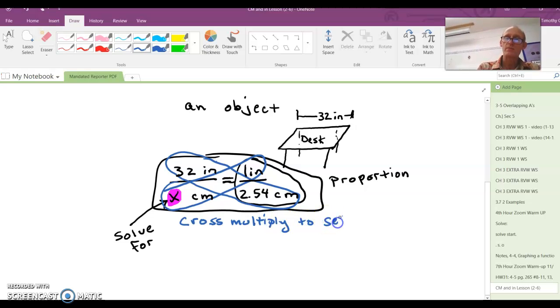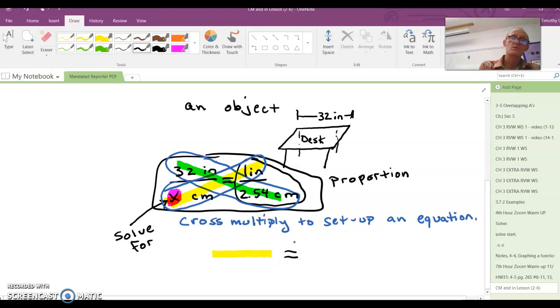The equation that we get is this part of the butterfly is equal to this part of the butterfly. So your equation is this equals this.